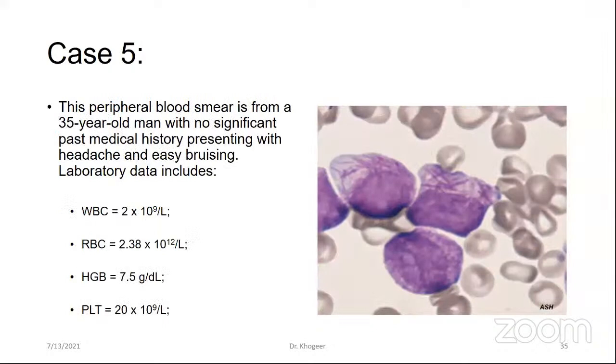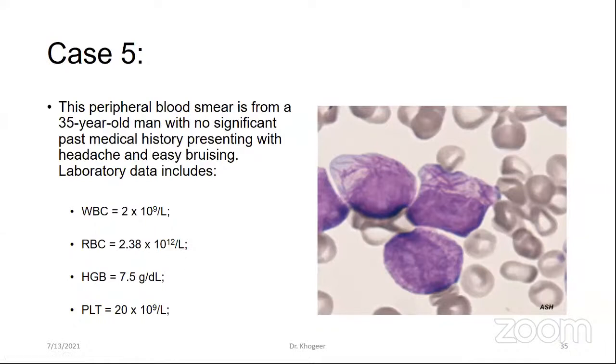Case 5. This peripheral blood smear is from a 35-year-old man with no significant past medical history, who presented with headache and easy bruising. Laboratory data include a low white blood cell count, around 2, and reduced RBC and hemoglobin, and the platelet count shows severe thrombocytopenia.